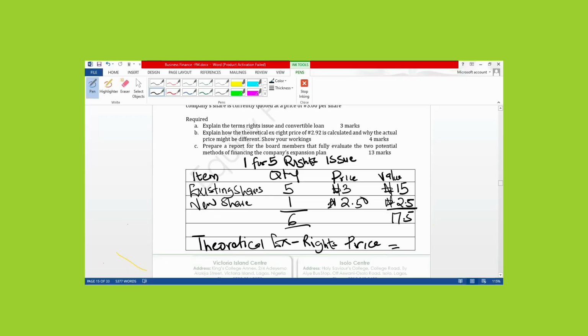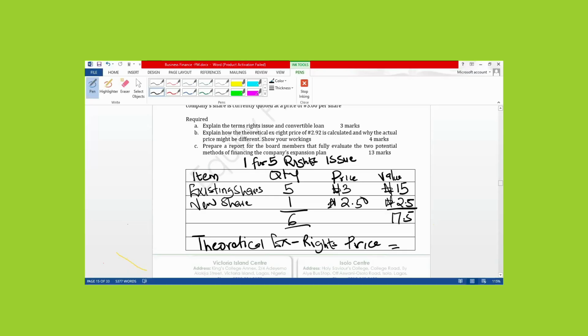Your evaluation, you are going to assume that the board members are non-accountants. You are going to bear in mind, some of the board members are not accountants. So you need to explain to them what is rights issue.